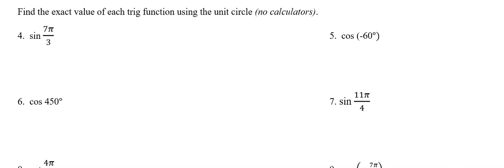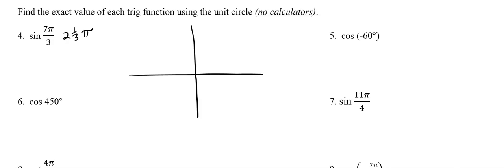All right, so I'll just do a little sketch, but hopefully you've got a unit circle with you that you can use, and we've done some practicing on how to maneuver around the unit circle. So this first angle, if you think about it as a mixed number, this would be 2 1/3 pi.